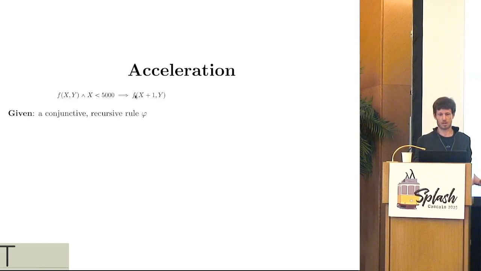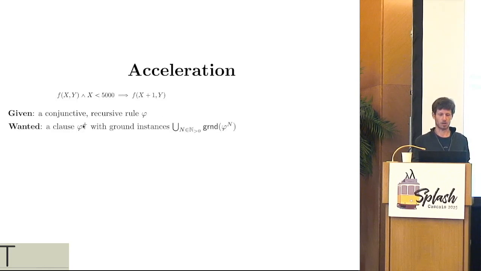So we start with such a clause, and then our goal is to compute a new clause, which I called phi plus here. And essentially, the idea is that everything that can be derived from your original clause via resolution in arbitrarily many steps can be derived from your new clause in just a single step. Or in the setting of transition systems, everything that is reachable with your original transition in arbitrarily many steps is now reachable with your new learned transition in just a single step.